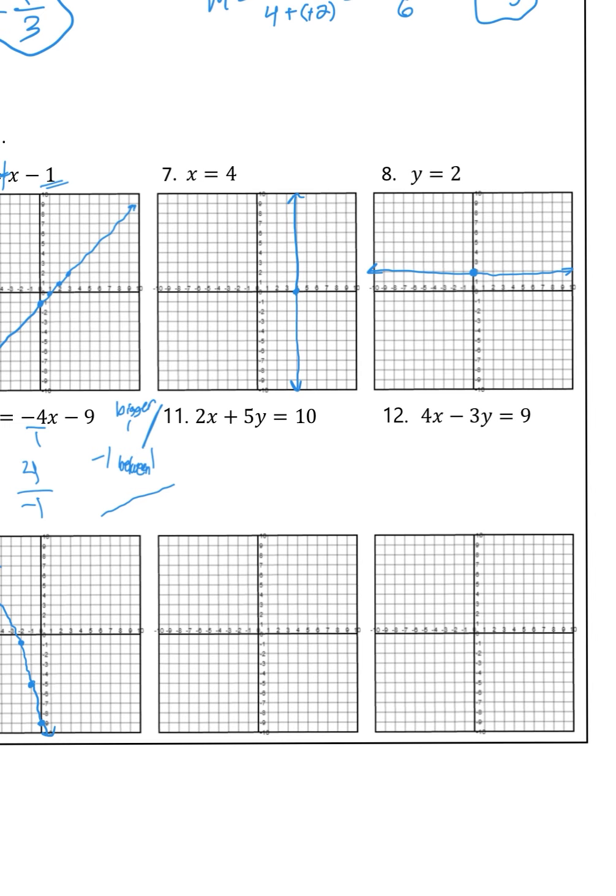Now we're going to solve for y. Actually, this one would be a really good one to do intercepts on, because if I cover up 5y and I solve 2x equals 10, I would divide both sides by 2, and I would get x equals 5. And then I will uncover the y and cover up the 2x instead.